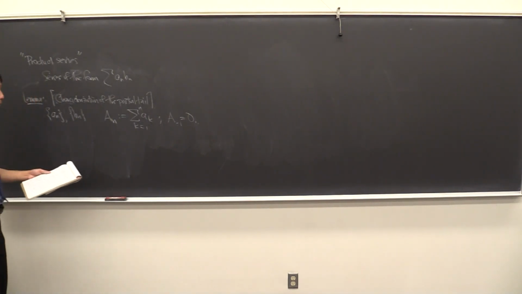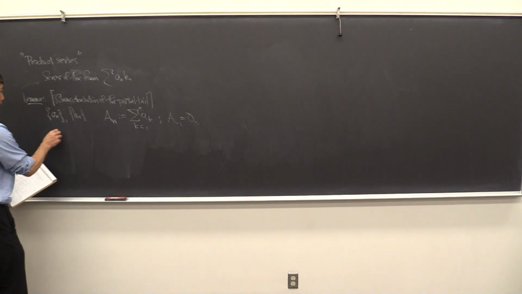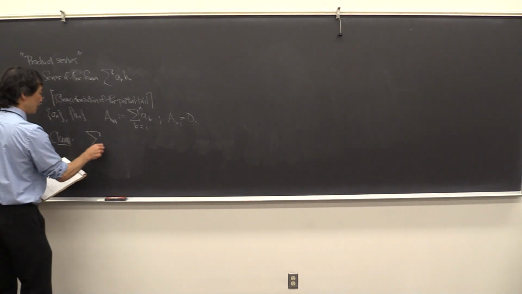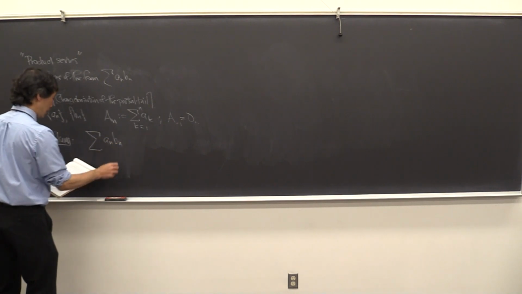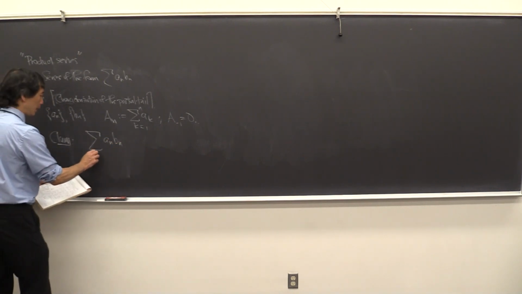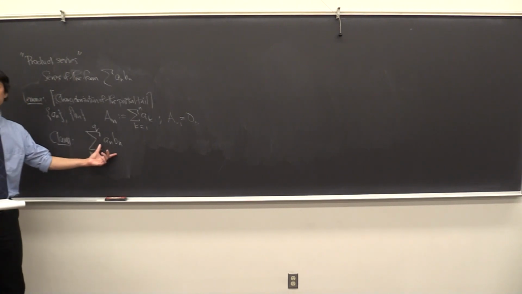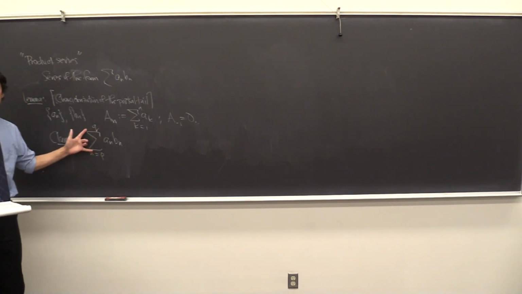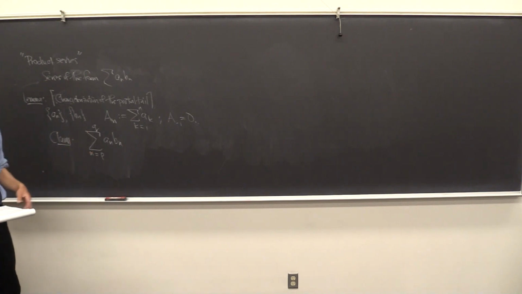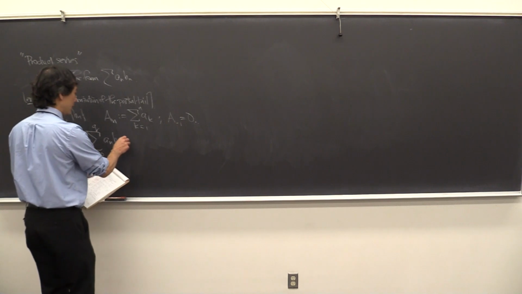And then the claim is the following: if you take the sum of the a sub n, b sub n's from n equals p to q, so this is some finite section of the tail, then there's a convenient way to express it.